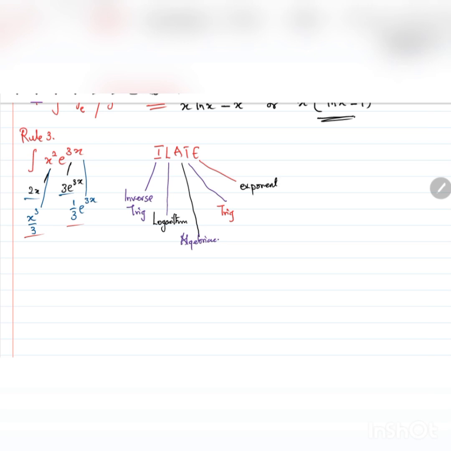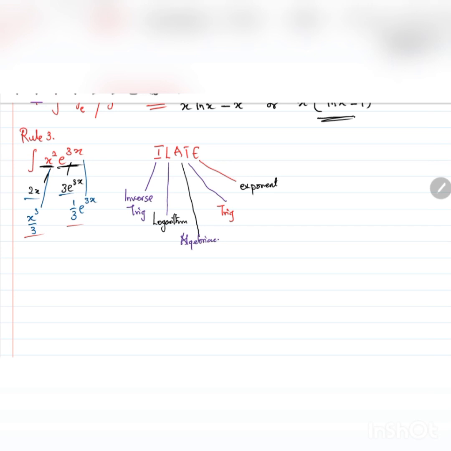Since we are taking it from the left, from the look of this question, I have two functions in it. I have x squared, which is an algebraic function, and I have exponential 3x, which is an exponential function. We're told that the one that falls to the left is your first function.